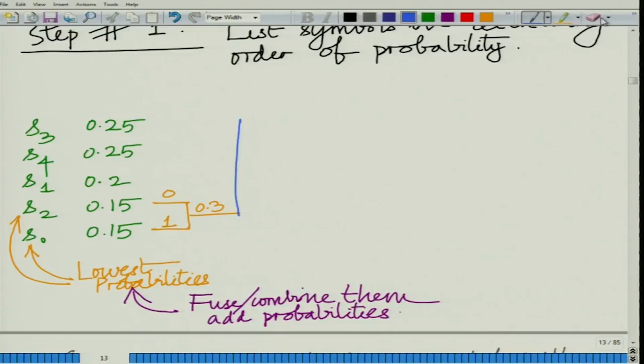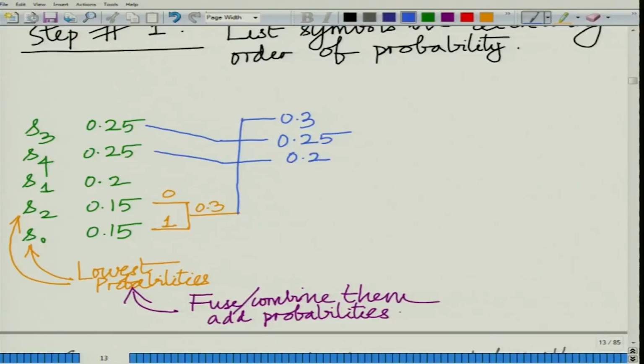So that will go here, that will be 0.3 and the rest of the symbols will come down when you order them. After that you have S3, after that you have S4, finally you have S1 which is 0.2.